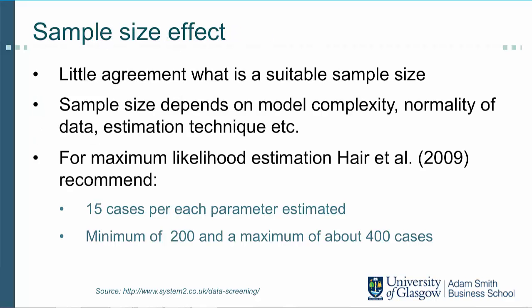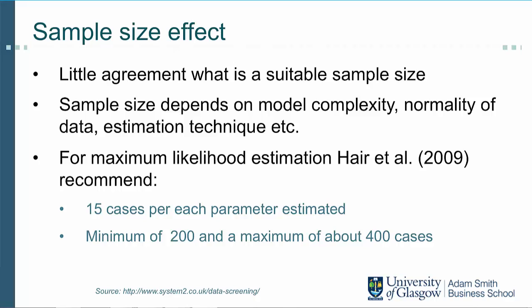My final point in this tutorial concerns the effect of sample size on data problems. There is little agreement on what is a suitable sample size for estimating SEM, and the proposed guidelines vary depending on the analysis procedures and model characteristics.